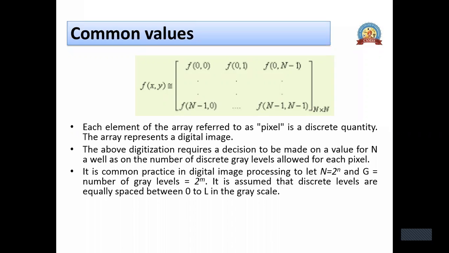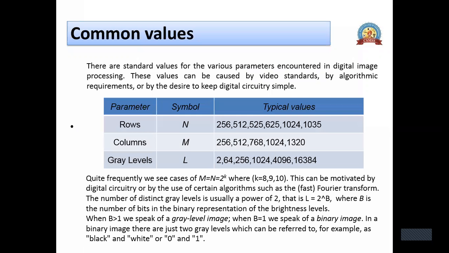HD images are nothing but 1024 by 786, so we multiply 1024 by 786, and something that way we get. Sorry, here it is the number of gray levels. 16384 is not related with rows and columns. It is related with gray levels. Yes, it is related with gray levels.